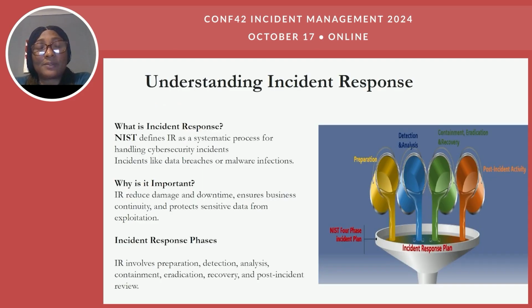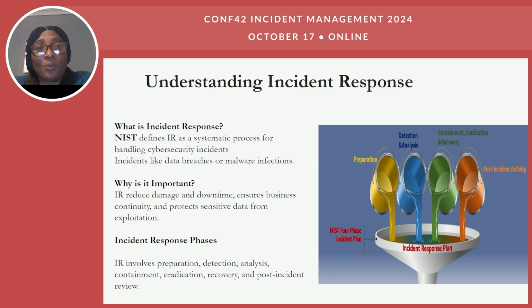Understanding incident response. NIST defines incident response as a systematic process for handling cybersecurity incidents, like data breaches, malware infections, or any form of cybersecurity incident. Why do we actually need incident response?